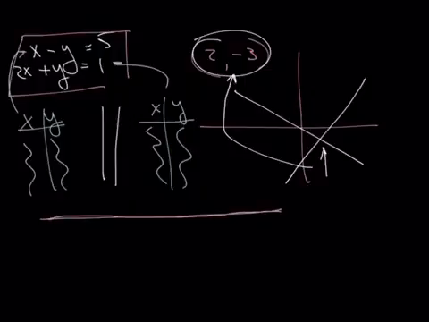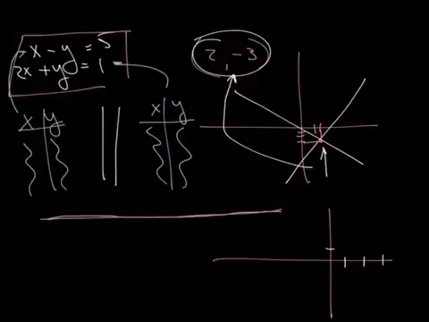The problem with this is that this one right here isn't so terrible because you can look and go, oh, it crosses at 2, negative 3. But what if it crosses in between, say, 1 and 2? So let's say you've got a graph here and you've got 1, 2, 3, and you draw your line and it crosses maybe right there. Well, where is that?